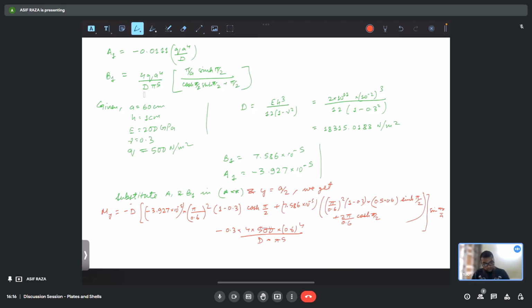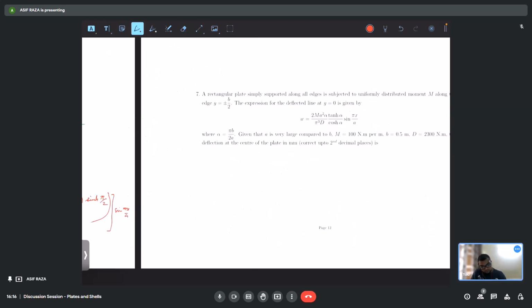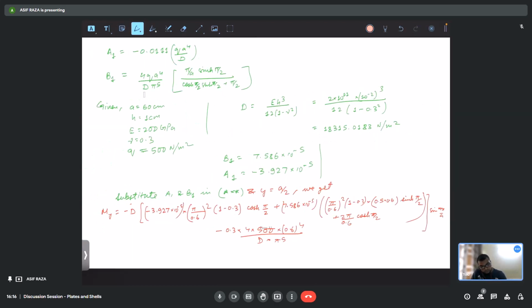So if we take x equal to some value, okay, let me write this in. My max would be at x equal to a by 2 and y equal to plus minus a by 2. So that would be my max.